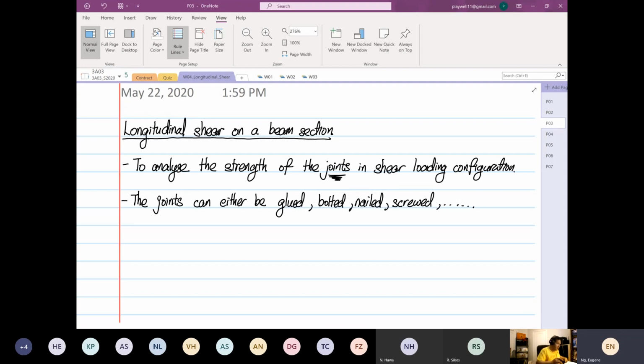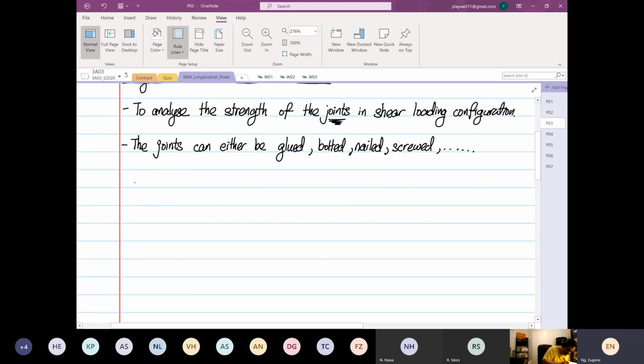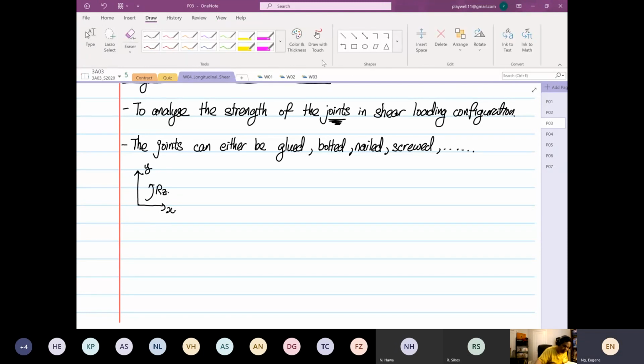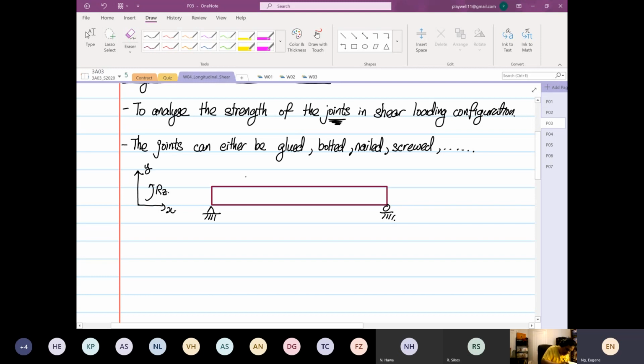If we have a beam, this is my X, this is my Y. We have rotation about Z, and then we have our beam. So now our beam is simply supported.